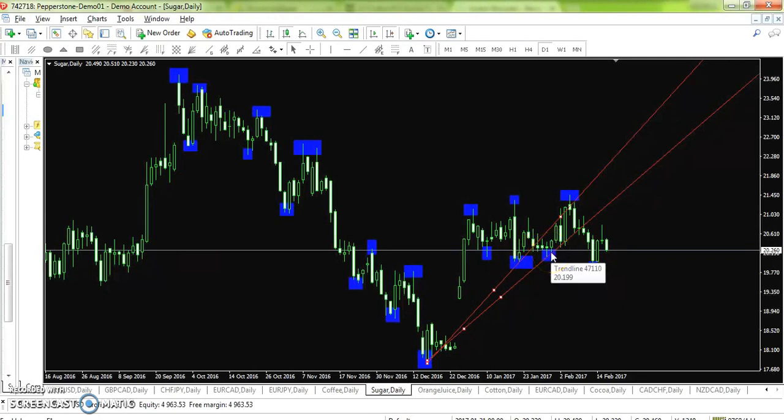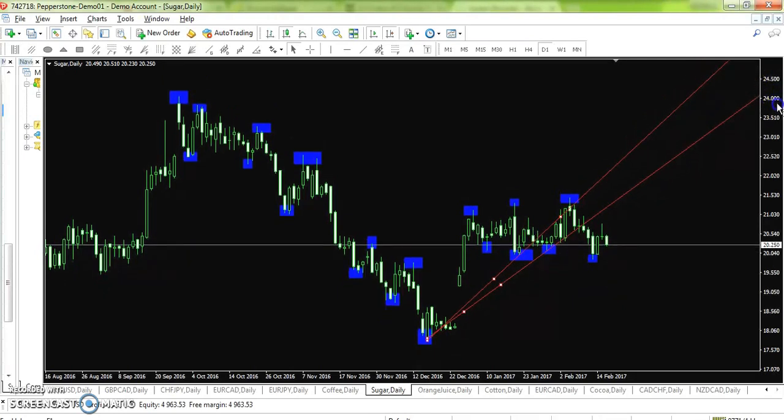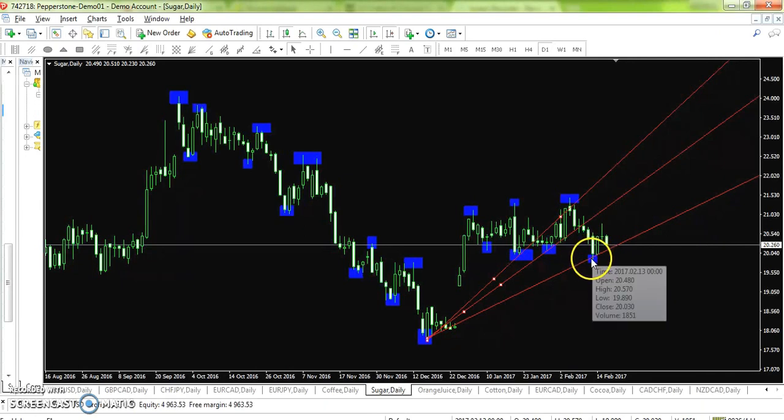So I'm now searching for a sell order. You can even have a third line as well, because I may presume that this is a pivot point as well.